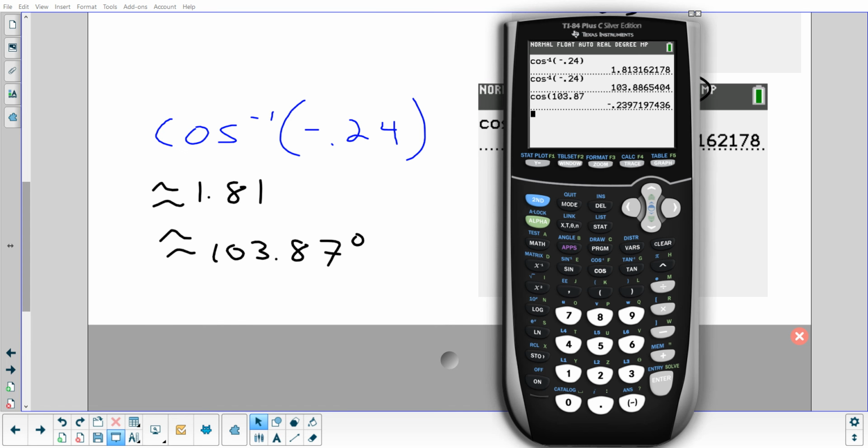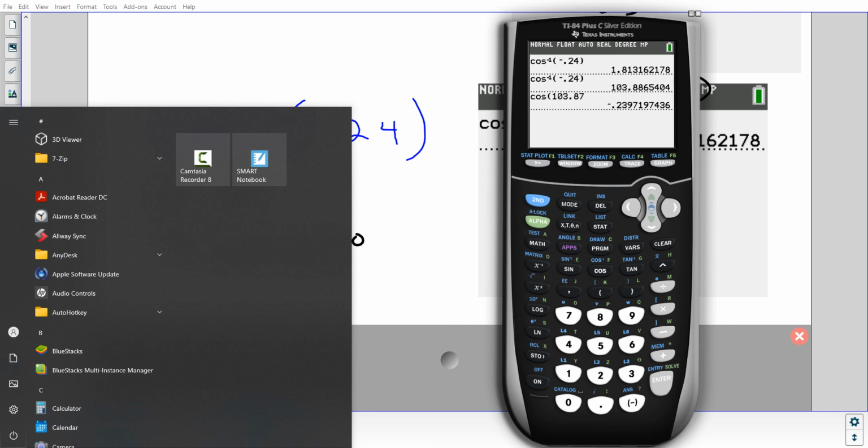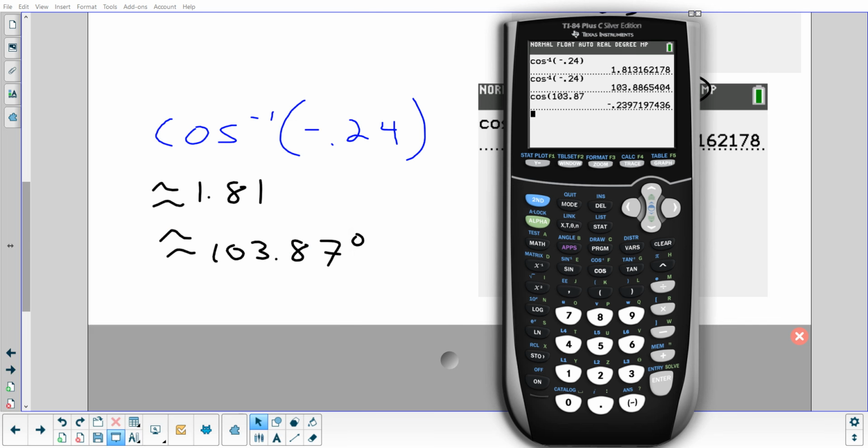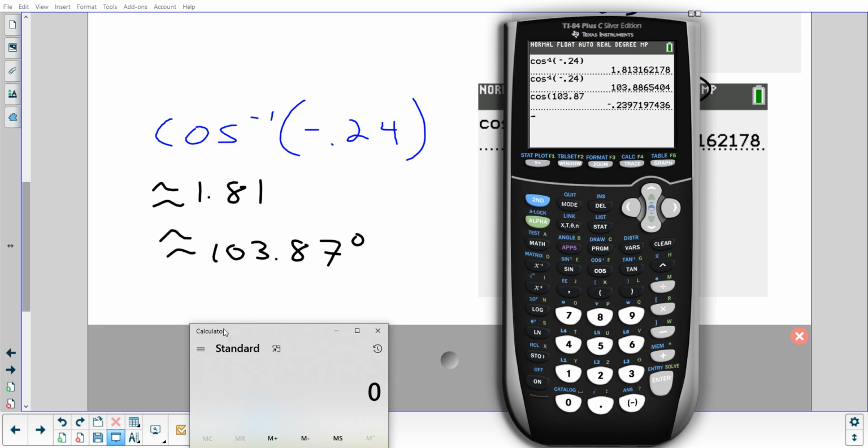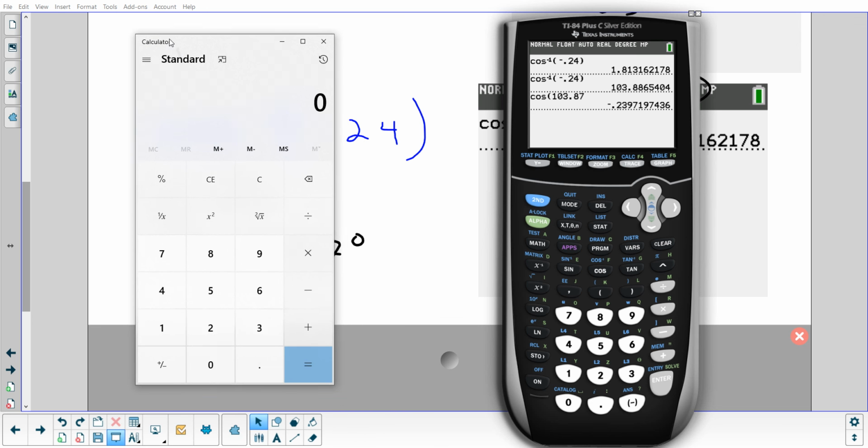All right, so when you type it in on a calculator like this, I like that because it's simple. You type it in the order you read it. Some calculators, you have to type it in backwards. Okay, so not on mine, but you might have one like this. So let's do the inverse cosine of negative 0.24.